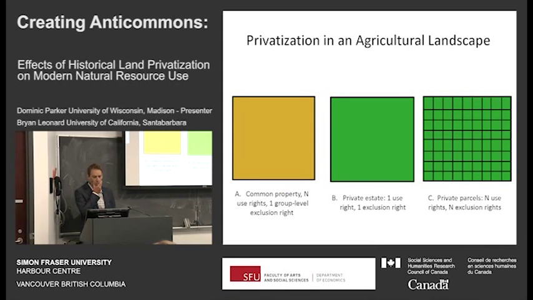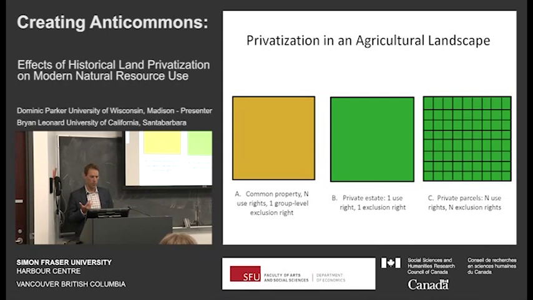And just to add a little more meat to this idea, there are different ways you can imagine privatization or enclosure of the commons taking place. But in this little schematic, I have area A. It's an agricultural landscape. We imagine end users, end holders of use rights.